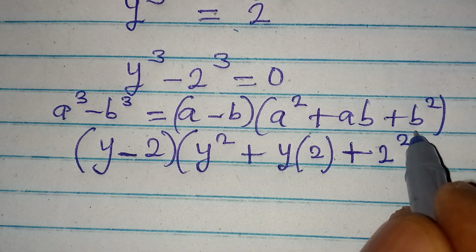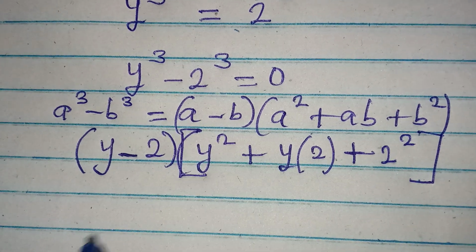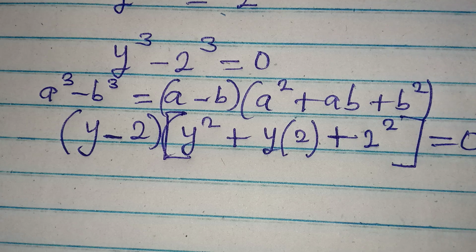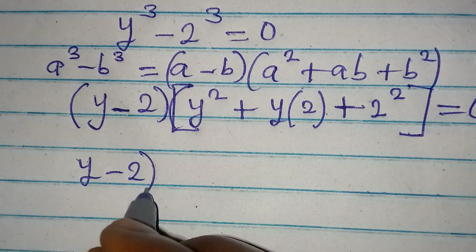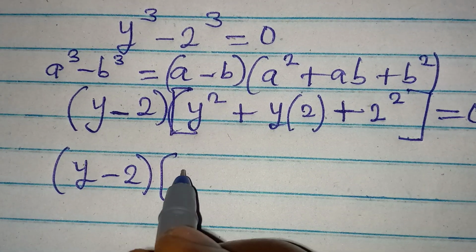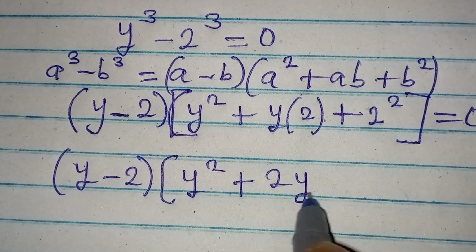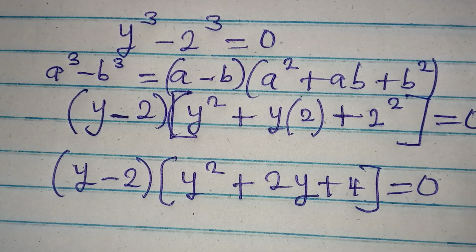This is what we have, and we can equally close this. Okay, let me use different brackets. And then the whole of this is equal to 0. To continue with this, we have y minus 2 as the first factor, and then in the second bracket, we shall have y squared plus 2y plus 4 equal to 0.